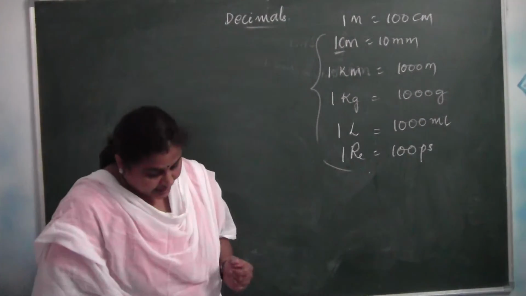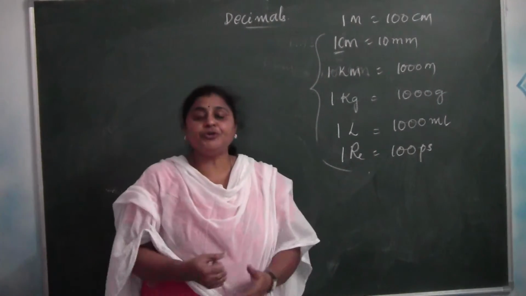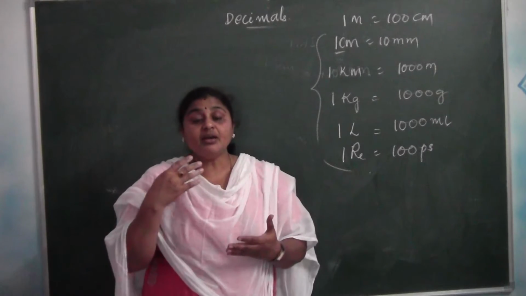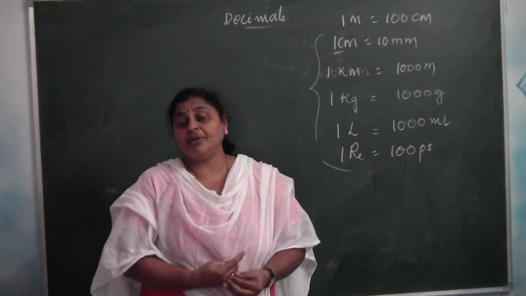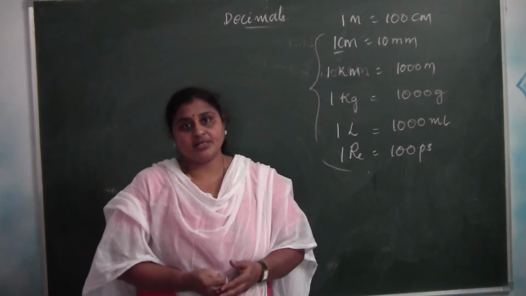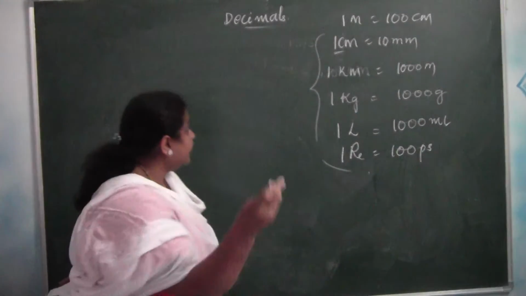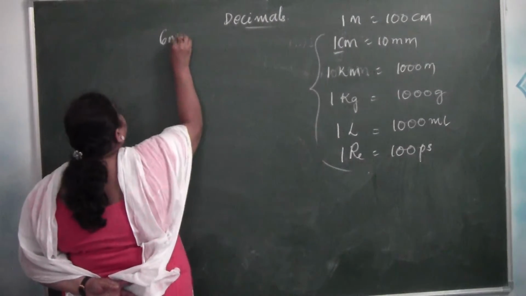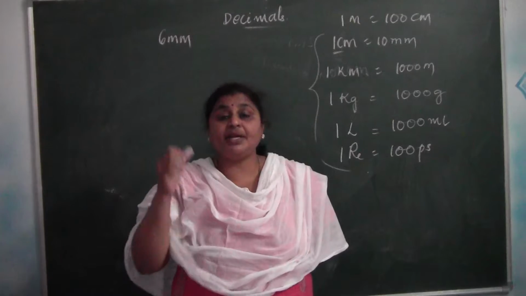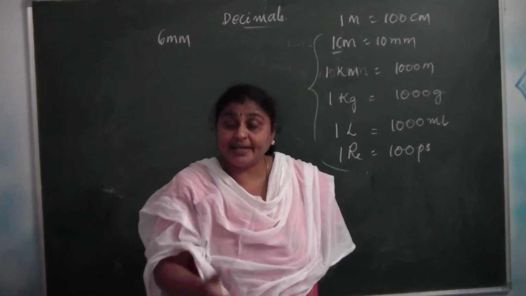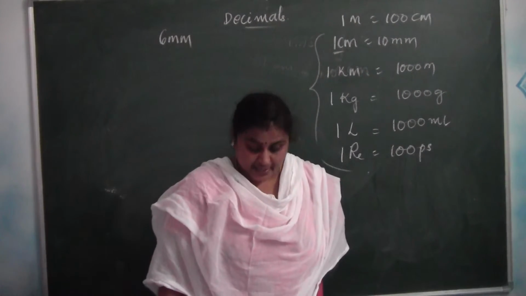Okay, now let us see how we can represent millimeters in terms of centimeters using the decimal point. Alright, now see 6 millimeters. Now we have to express 6 millimeters in terms of centimeters using the decimal.